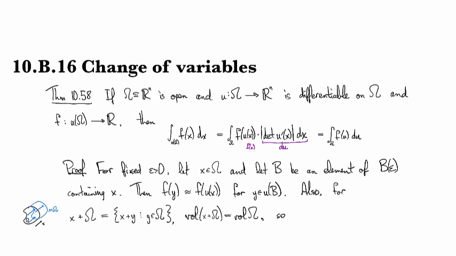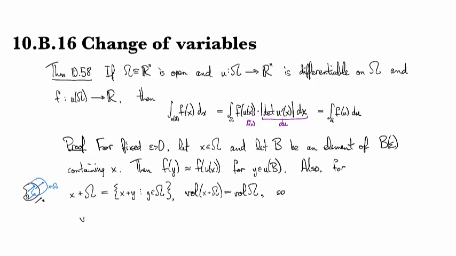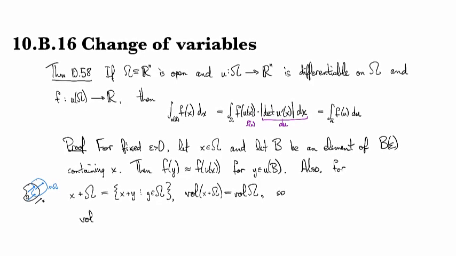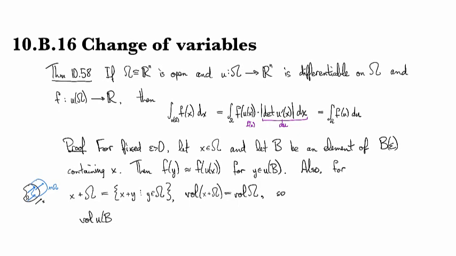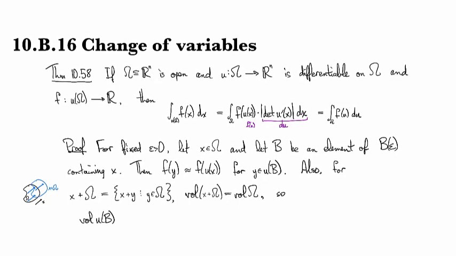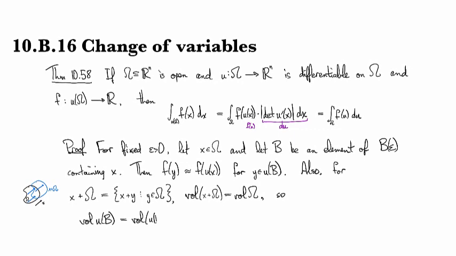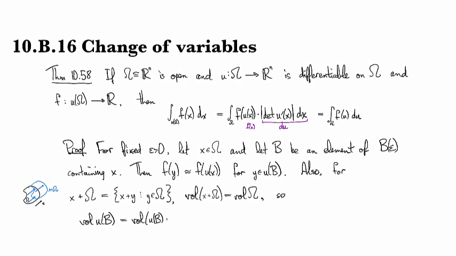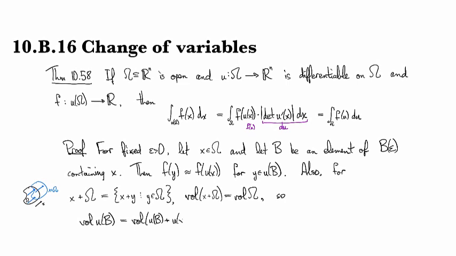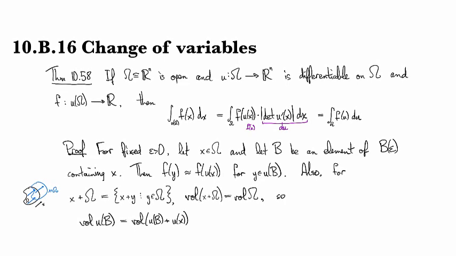So then if I look at the volume of u applied to b, this is the volume of u applied to b and then shifted by some fixed vector u of x.